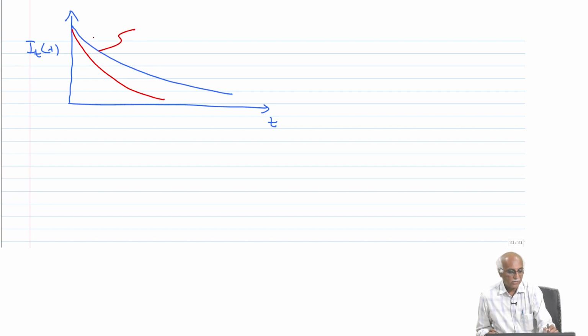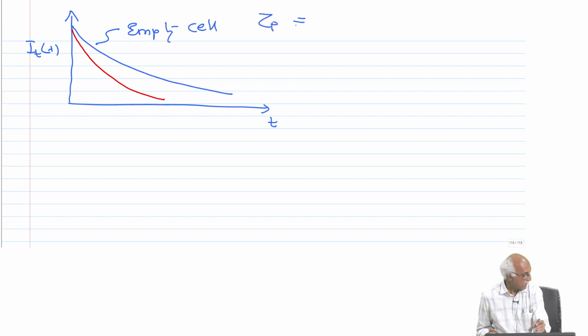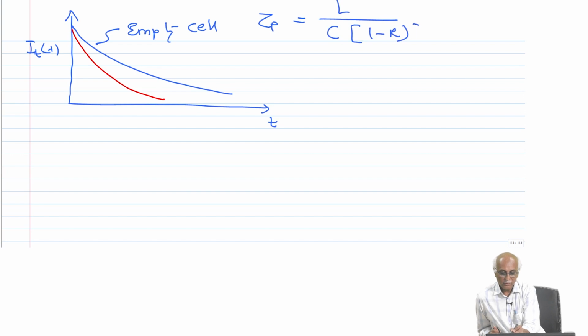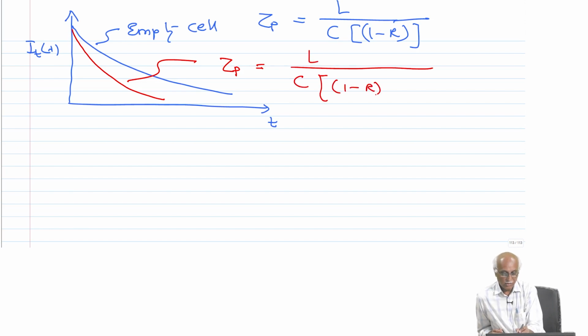One is the empty cell, where tau p is given by L by C into 1 minus R. And the filled cell, where tau p is given by L by C into 1 minus R plus sigma lambda n into L, where L is the length of the cavity.